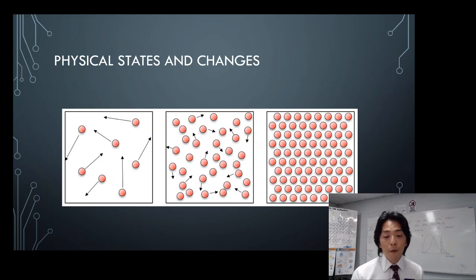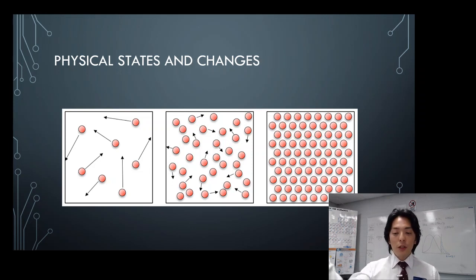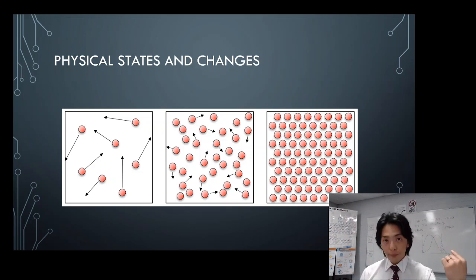For example, one on your left, this side, you see a substance which is at the gaseous state, liquid in the middle, and solid on this side, your right.